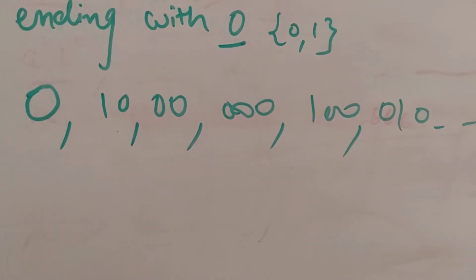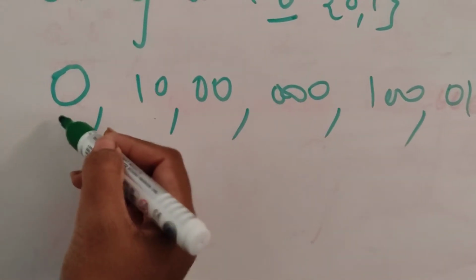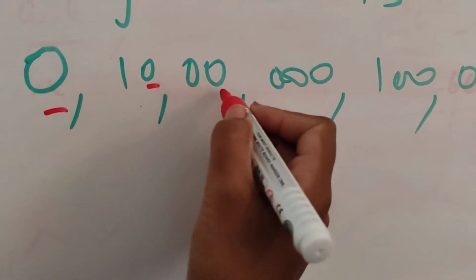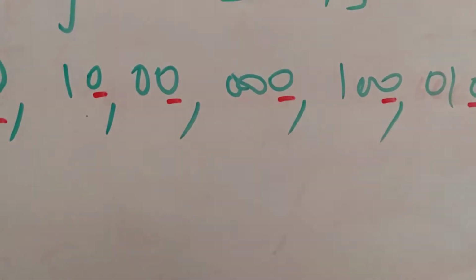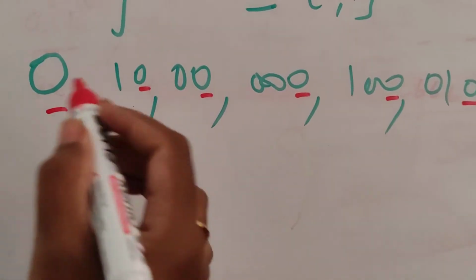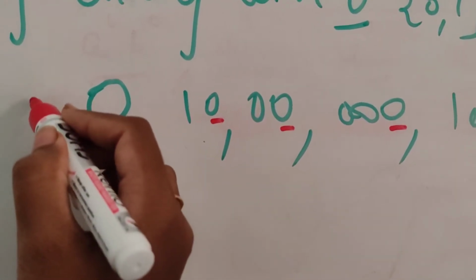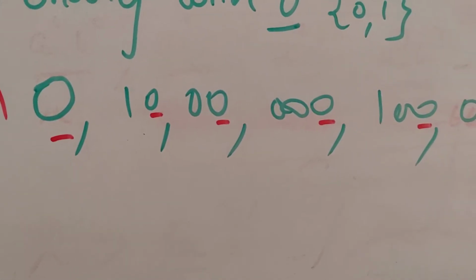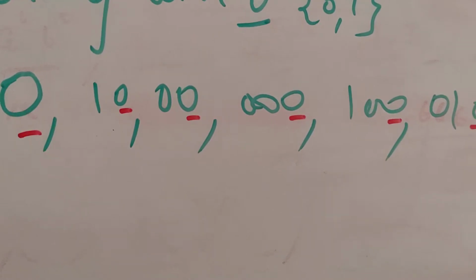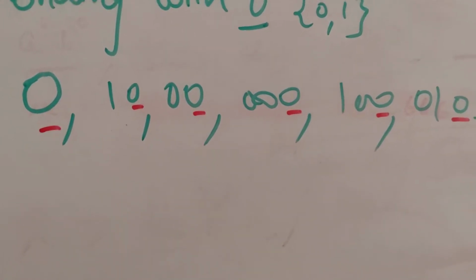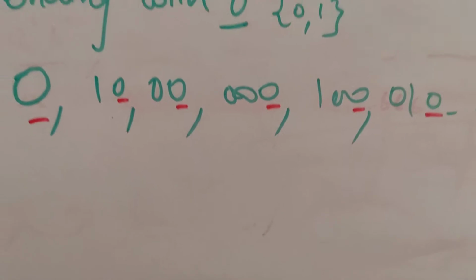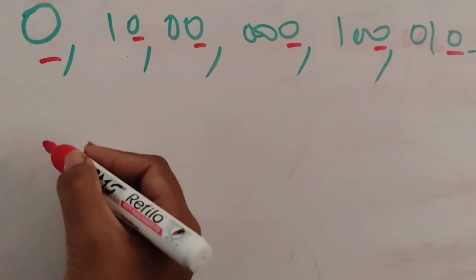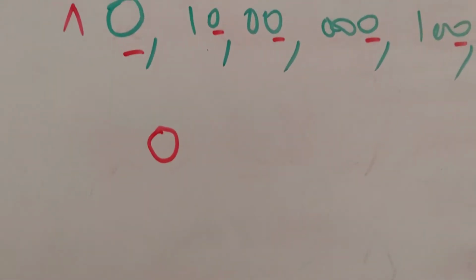Now in this we can find a common pattern: every string ends with 0 only. In front of 0 there can be nothing, so null, or 1 or 0 or a combination of 1 and 0 both. So to make the regular expression, the ending is always 0, so we take the ending as 0.